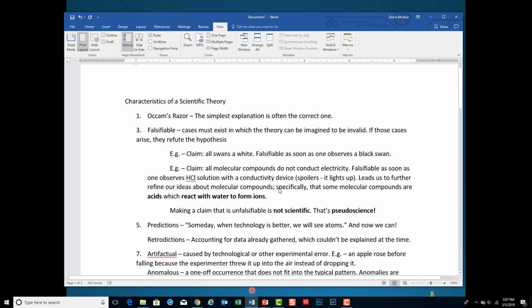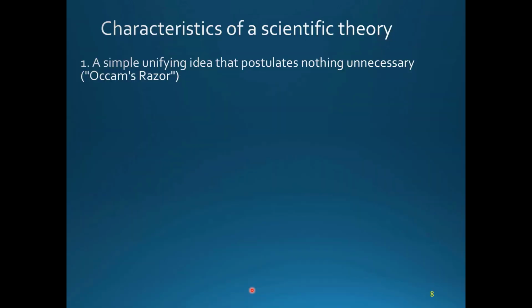All right, so again, Occam's razor basically states that the simplest explanation is often the correct one. So go ahead and write that down in your notes for this slide. All right, did you do it? All right, let's get back to the slideshow.